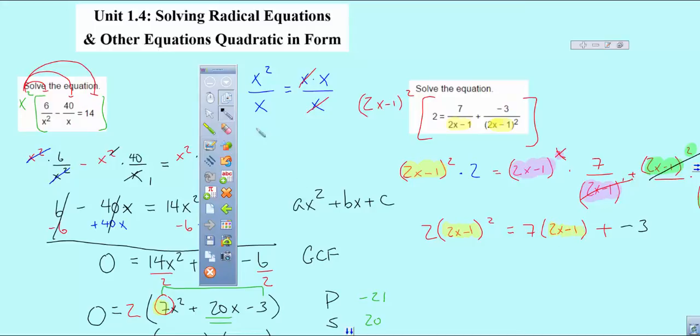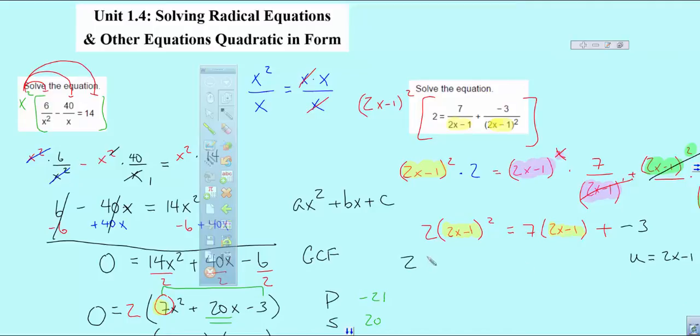So once we move this stuff all to one side, you have your squared term, you have your x term, and you have your constant term. Well, I want to get rid of some of that stuff to make my life a little bit easier. So at this point, let's let u be equal to 2x minus 1.